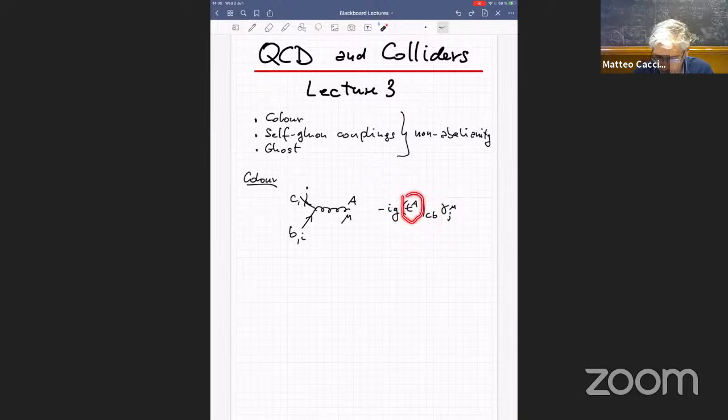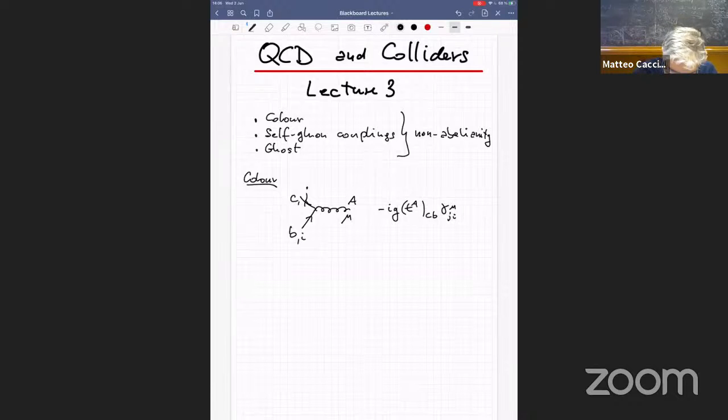T^A is one of the A generators, and in the fundamental representation it is a 3x3 matrix with indices C and B. It is these indices that will be contracted with those of the fermion, and will give the transformed color for the fermion. So this is the first important difference. You will have to have these kind of things.